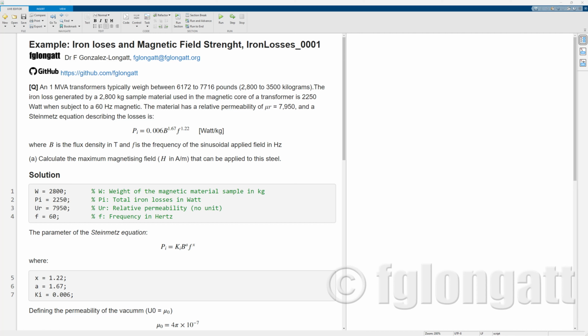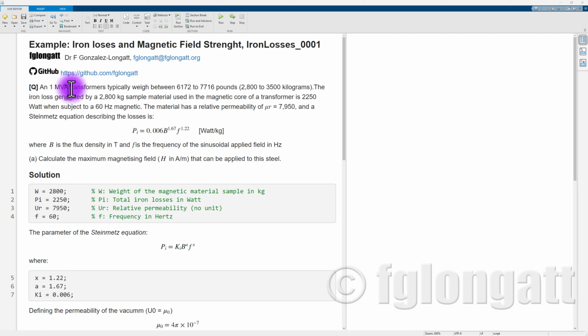So today I have this fantastic video for you that is basically a practical numerical example connected with the concept of iron losses in magnetic material. And without further delay, let's start reading this very specific statement.